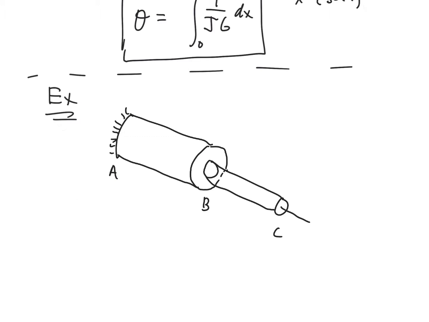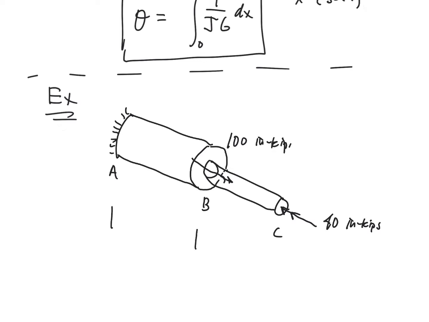We're going to put a torque of 40 inch-kips this way. We could say inch-kips or kip-inches; it doesn't matter. Sometimes we'll say force length, so it would be kip-inches. Then we're going to put another one exactly at the junction line, and that's going to be 100 inch-kips like so.